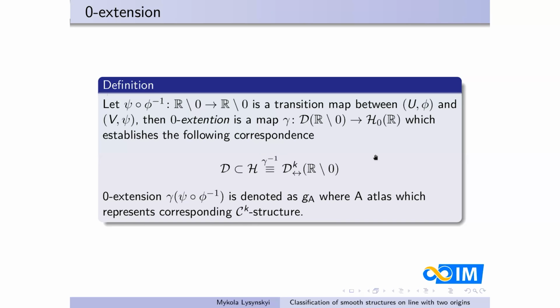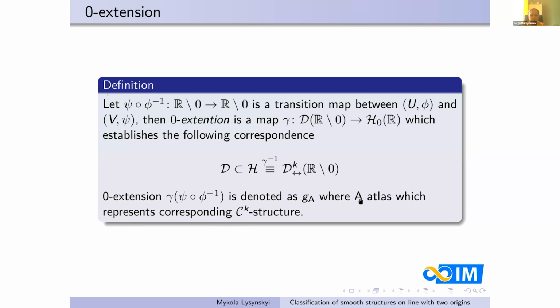So we can, in some sense, identify every monotonic diffeomorphism, or essentially here a transition map, with a homeomorphism which preserves 0 and is a diffeomorphism of R without 0. Such a map we will call a zero extension. The zero extension will be denoted as G_A, where A is an atlas which represents the corresponding C^k structure.